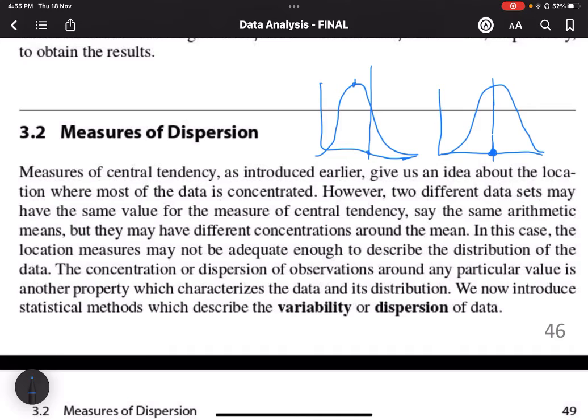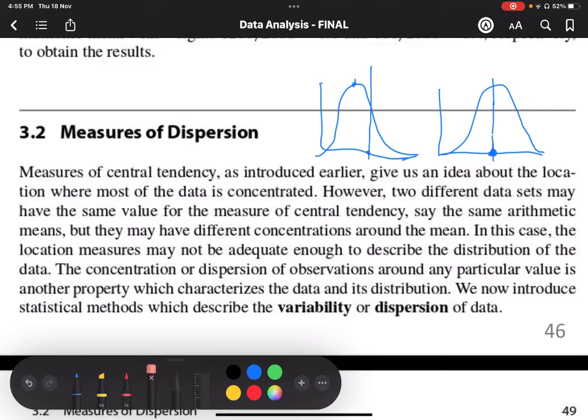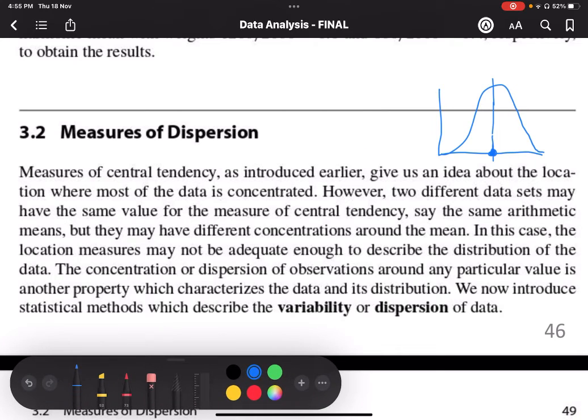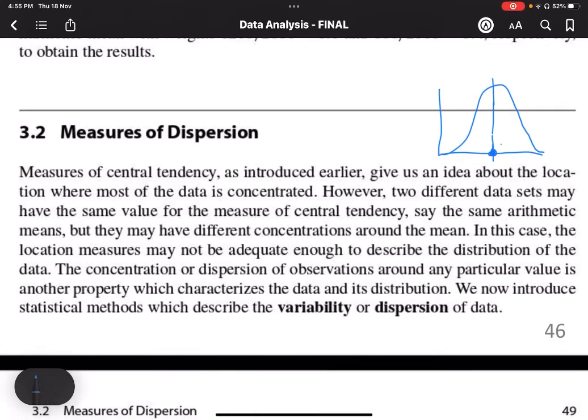Under ng measures of dispersion, yung groupings, ang binibigay sa atin ay yung groupings ng data, no? For example, nandito yung tendency, but yung groupings ba ng data mo nasaan? Malapit ba siya sa gitna or magkakalayo? Parang gano'n, dispersion.